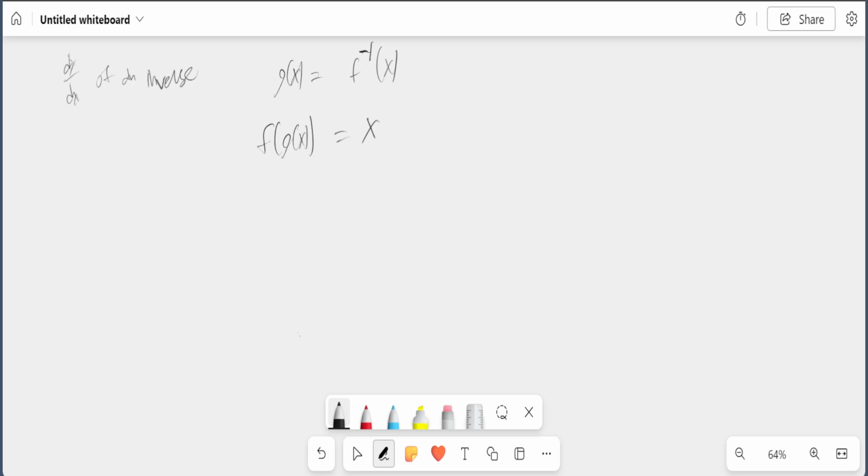Do you agree? If you take the derivative with respect to x, you have to remember your chain rule: f prime of g of x times g prime of x is equal to 1. So f prime of g of x is equal to 1 over g prime of x.